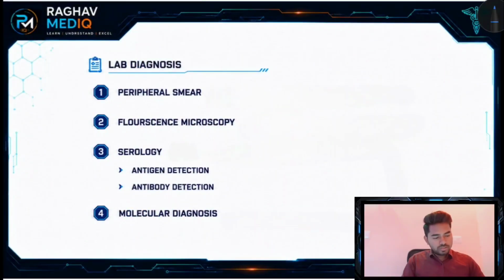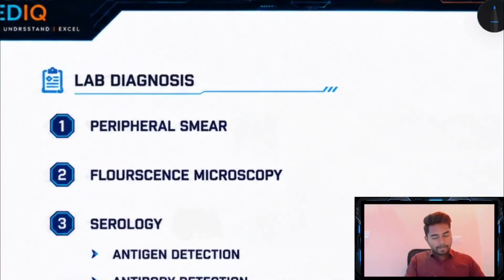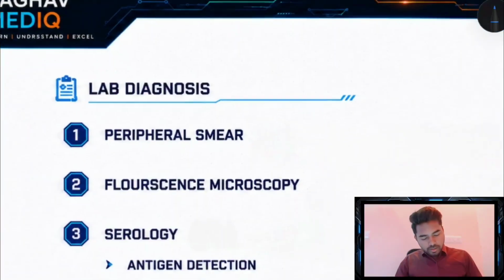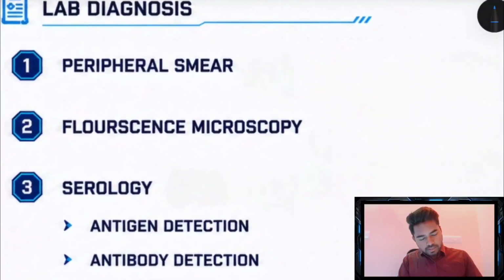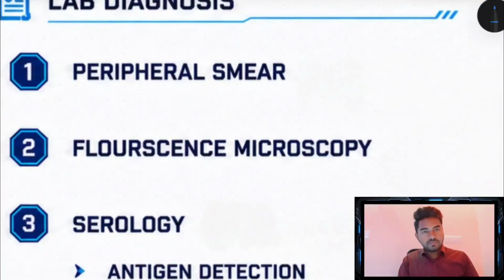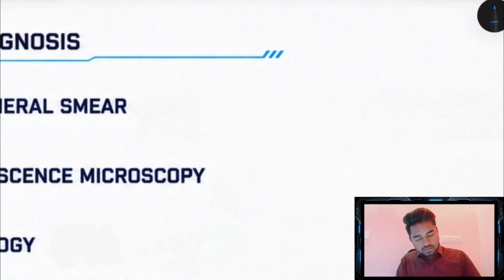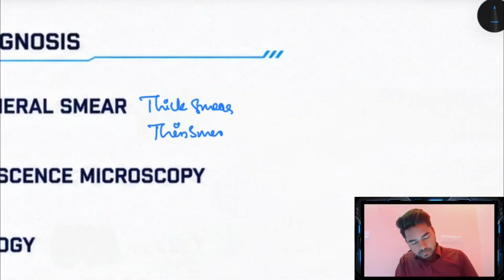Then coming to lab diagnosis. First, we should do peripheral smear. In this peripheral smear, we have to do 2 smears. One is thick and the other is thin smear. Thick smear is for diagnosis or pigment demonstration.